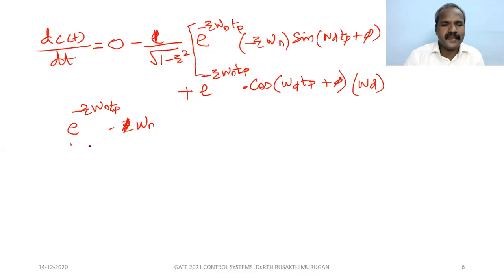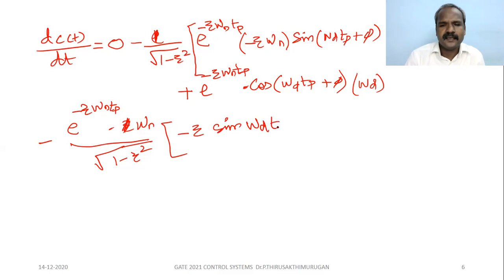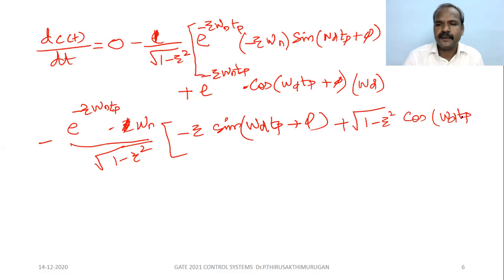The remaining is minus zeta sine of omega d TP plus phi, plus, since we removed omega n outside, the remaining is square root of 1 minus zeta square into cos of omega d TP plus phi, divided by square root of 1 minus zeta square. Clear? So this is equal to 0.